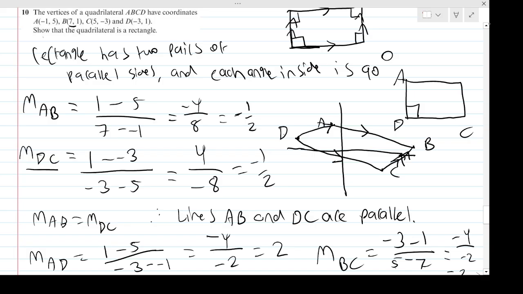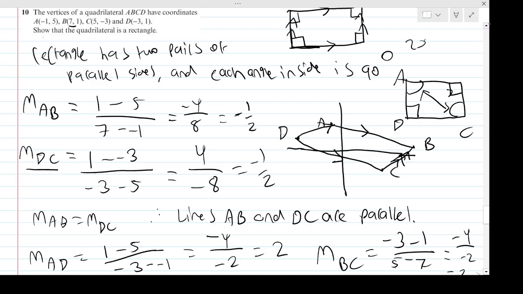In a parallelogram, opposite angles are equal, so this is also 90. But then this angle here is equal to that angle. We also know angles in a quadrilateral add up to 360. So if these two right angles add up to 180, then these two other opposite angles also have to add up to 180, but they're equal.